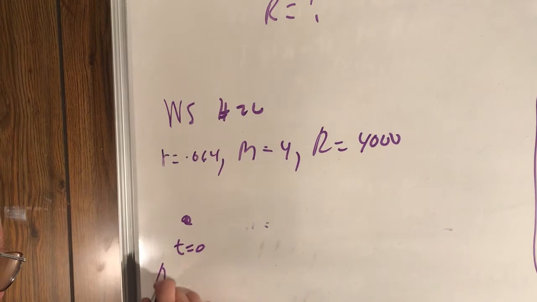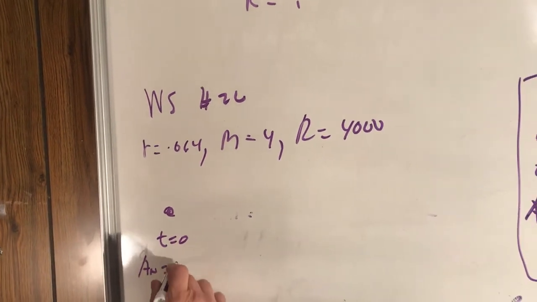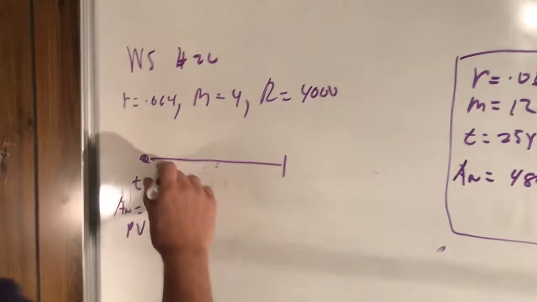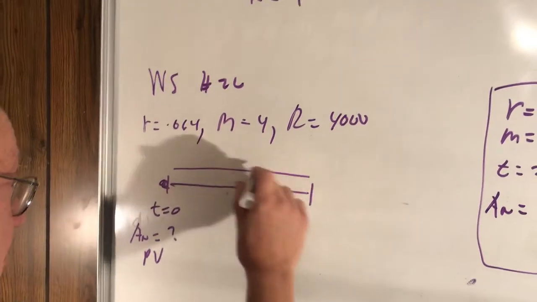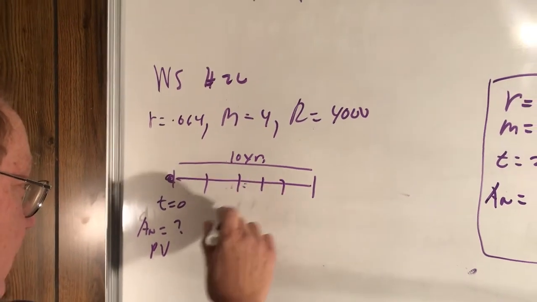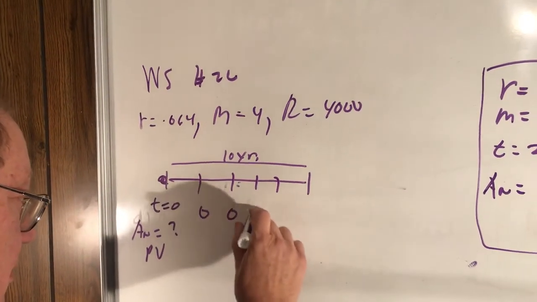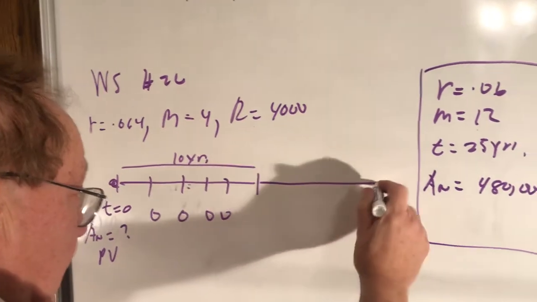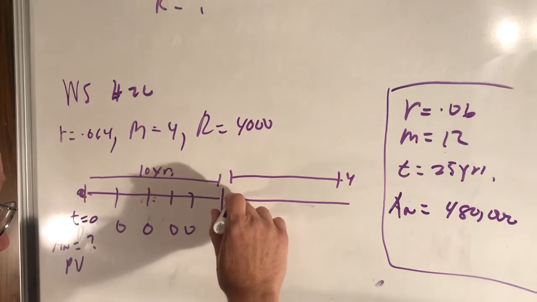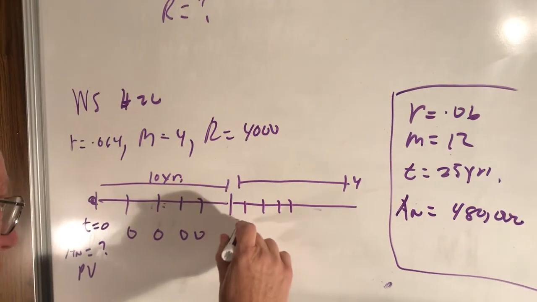Time equals 0, we have something we have to put down. That's our present value. And for 10 years, the payment each period is 0. For the next 4 years, the payment each period is going to be $4,000.